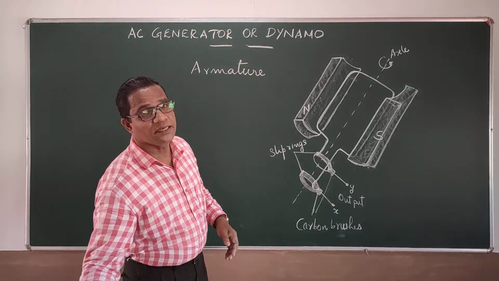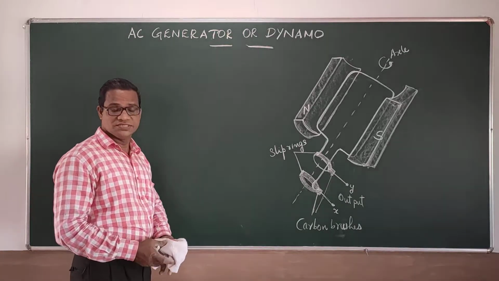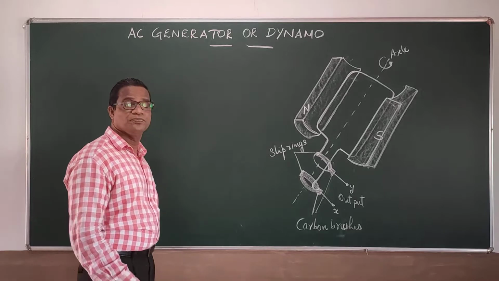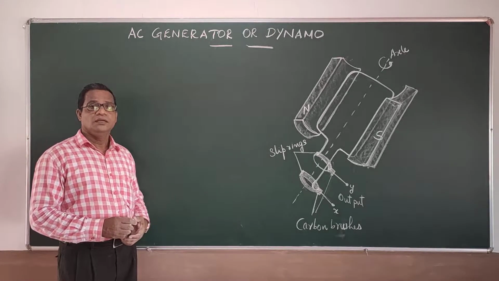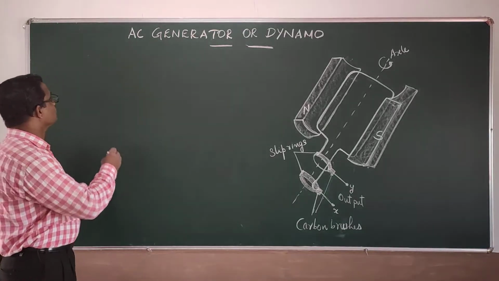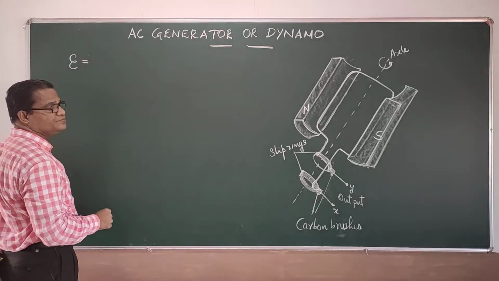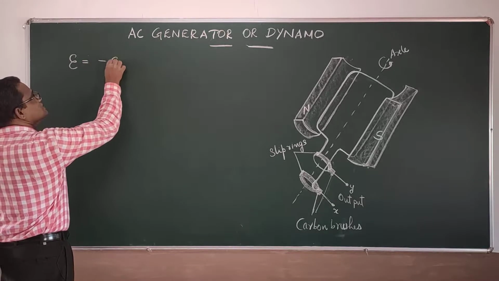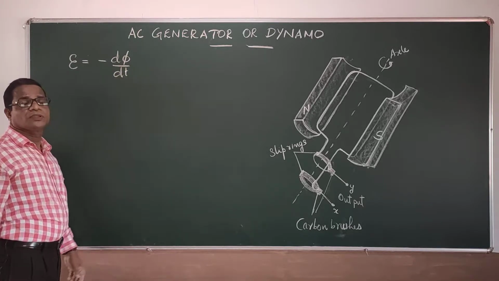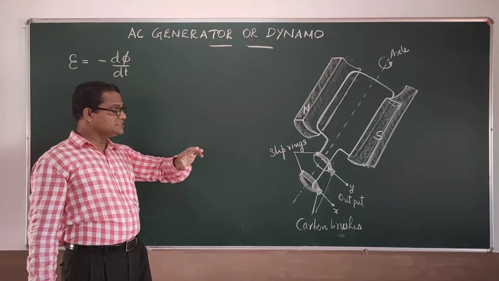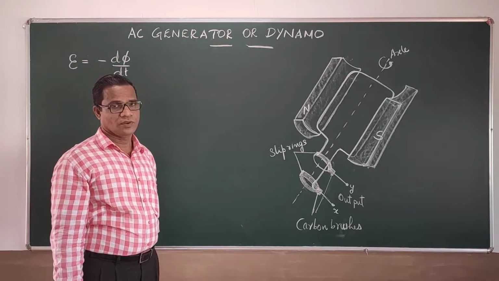Now let us see the theoretical part of this, how it is generating the EMF. You know that according to Faraday's law, the induced EMF E is equal to minus d phi by dt, where phi is the magnetic flux linked with the coil.